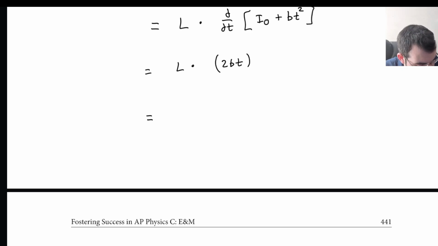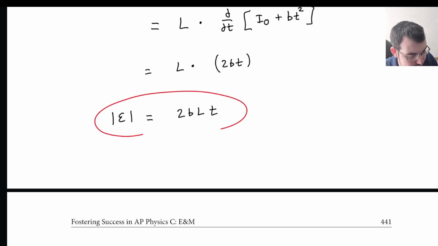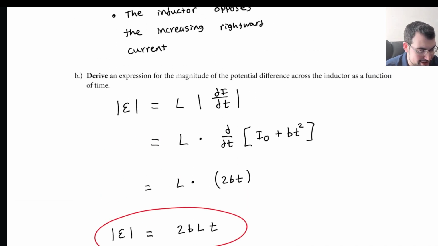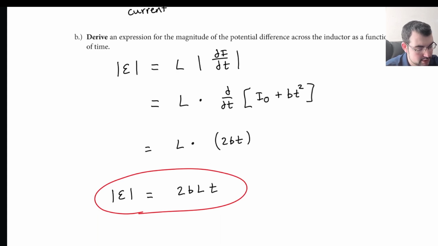So that's our induced EMF. Let's write it like this: 2BLt worth of EMF. So pretty straightforward to plug in for that.